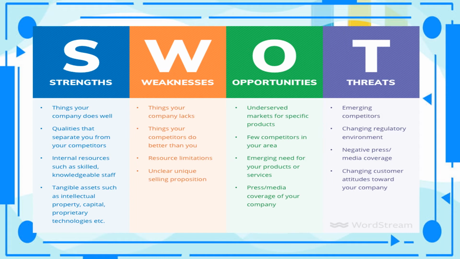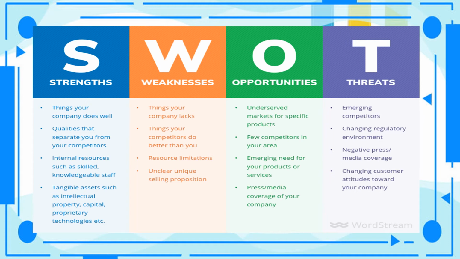These are the qualities that separate you from your competitors. Strengths are the internal resources such as skilled, knowledgeable staff, and also the tangible assets such as intellectual property, capital, proprietary technologies, etc.